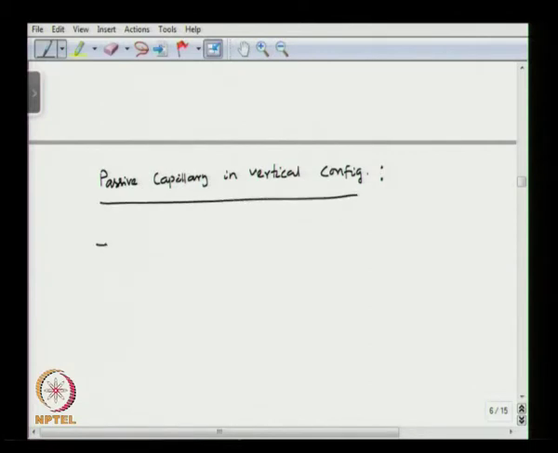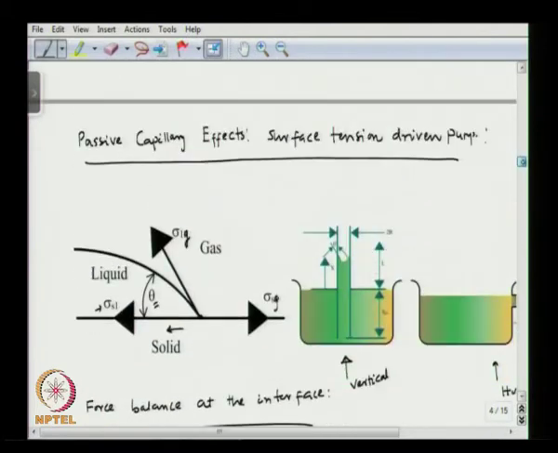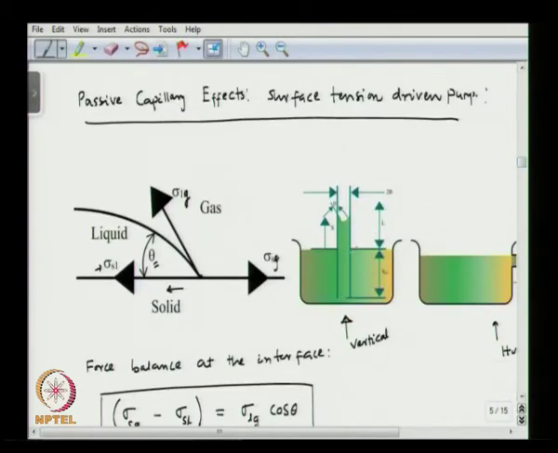Here we do a balance of different forces. So when this liquid column is trying to move up because of the capillary action, we can do a force balance on this liquid column.